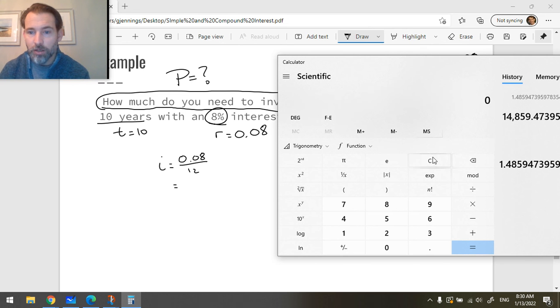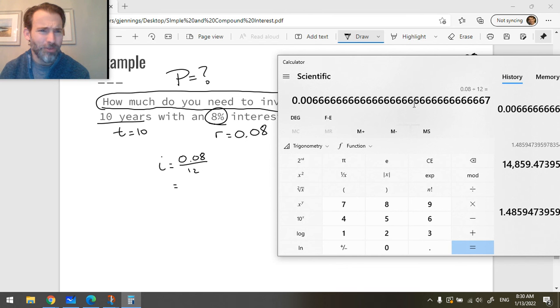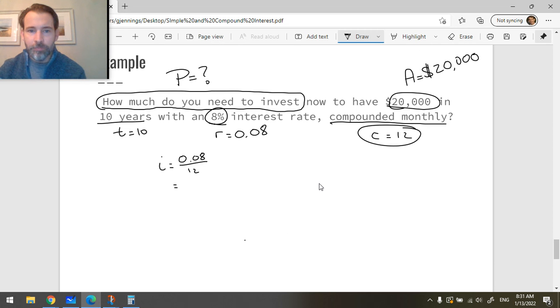And I'll show you here, Claire. This is a point where doing mental math, we are going to lose people. So it's a lot easier to just leave it as this. I don't want to write that down; I want to write this down. Okay, so let's carry on. So that's our interest rate.